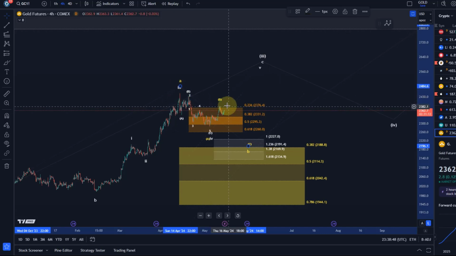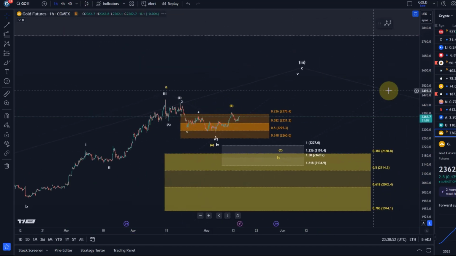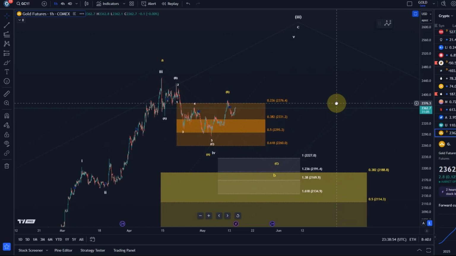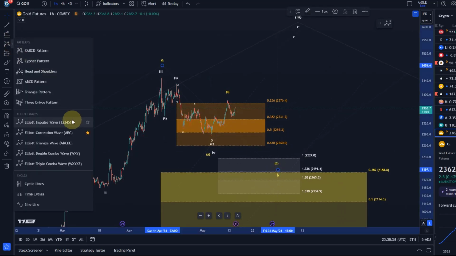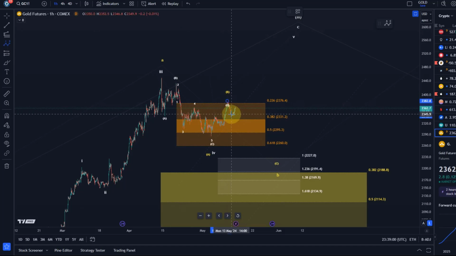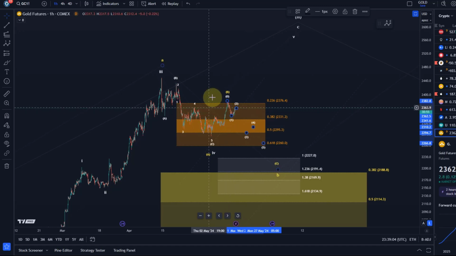It's just that this move down, if I go to the 1-hour chart, the way to label this in wave C to the downside, we're normally looking for a 5-wave decline, right? So it would be a wave 1, a wave 2, a wave 3, 4, 5. This doesn't really look right.